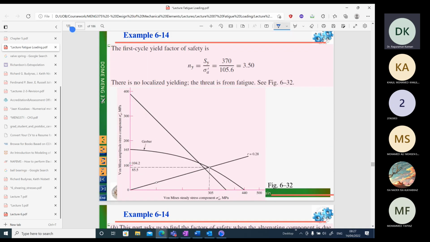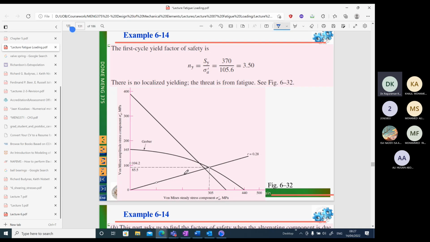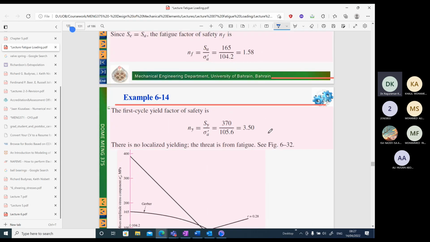You can also draw it in the Haigh diagram graphically. You may identify the stresses which we have calculated in the Haigh diagram on the radial load line. You will also be able to find the intersection points with the Gerber curve or Goodman line, or whichever it is based upon the table. You can also find the intersection point with the yield line, and then figure out the factor of safety graphically.